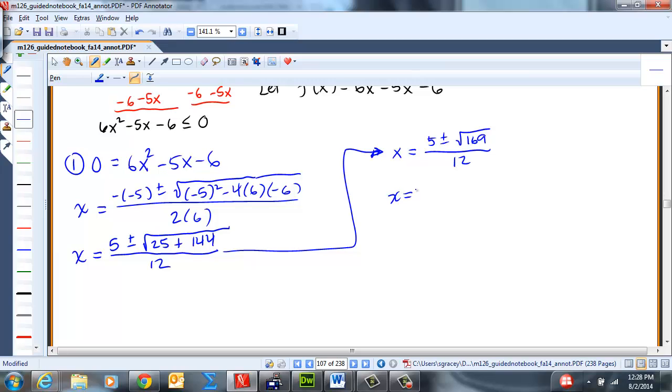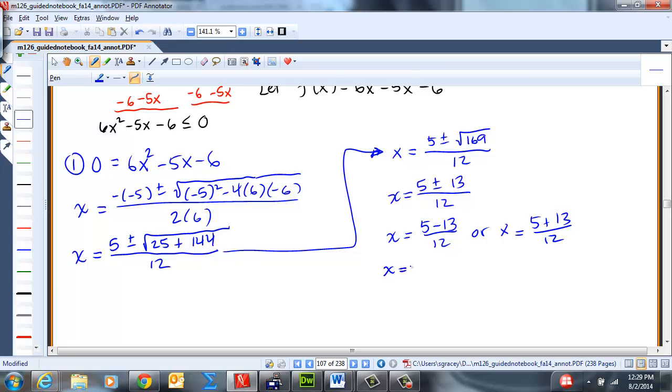169 is a perfect square. 13 squared is 169, so we get 5 plus or minus 13 all over 12. So x is equal to 5 minus 13 over 12, or x is equal to 5 plus 13 all over 12.